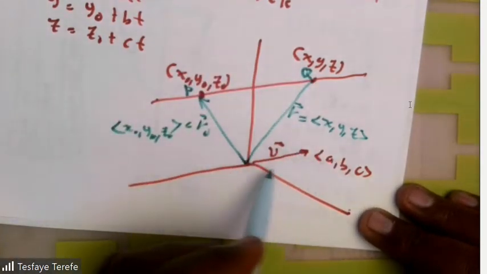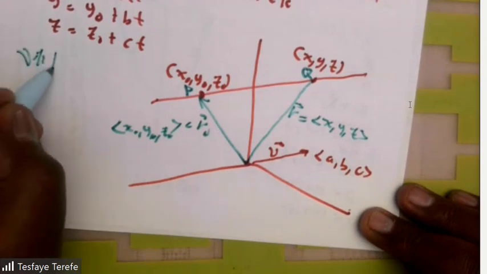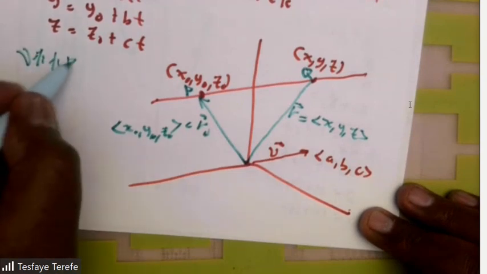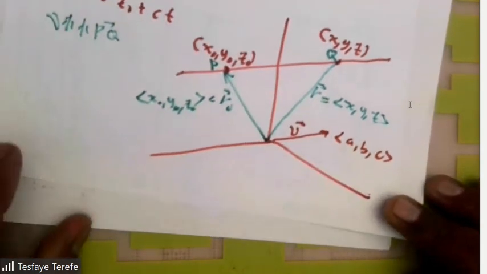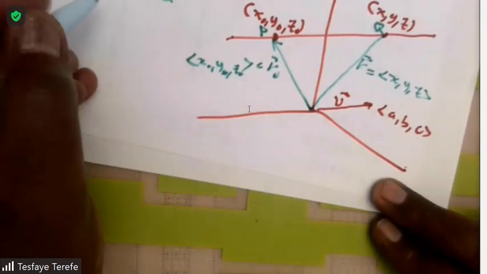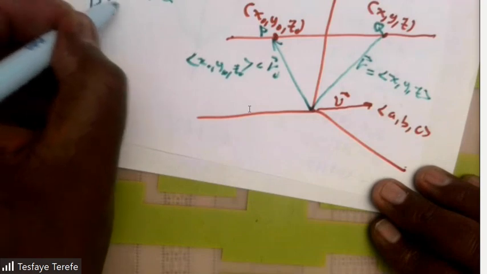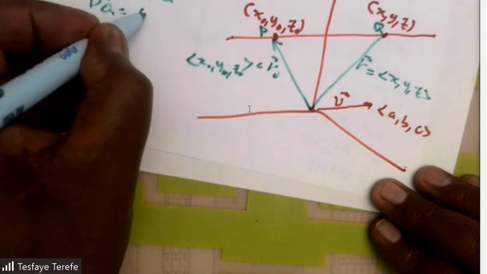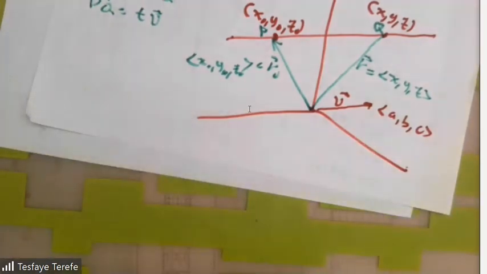Now this vector V is parallel to PQ. If V is parallel to PQ, what can we say? We can say that PQ equals a scalar multiple t times V. If two vectors are parallel, one is a scalar multiple of the other.